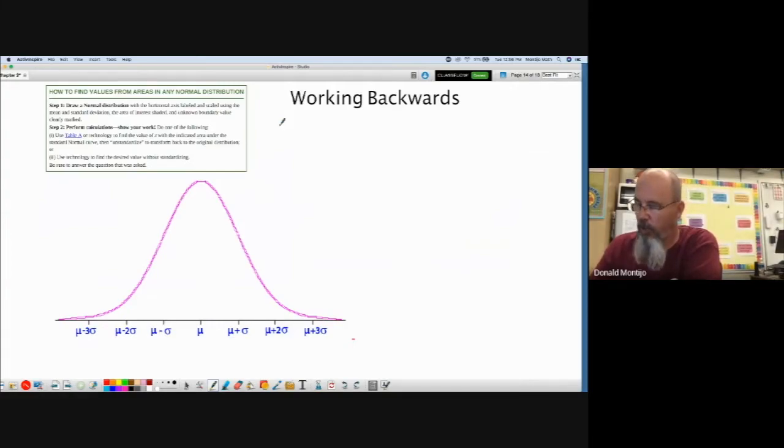Okay. So here's our favorite curve again. Let's say that we know that the heights of men in the United States is normal, with a mean of 67 and a standard deviation of 2.5.